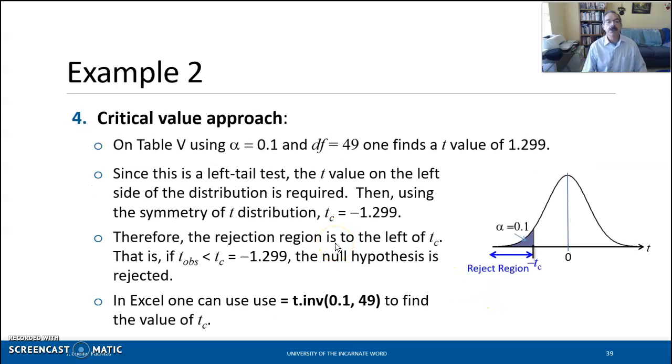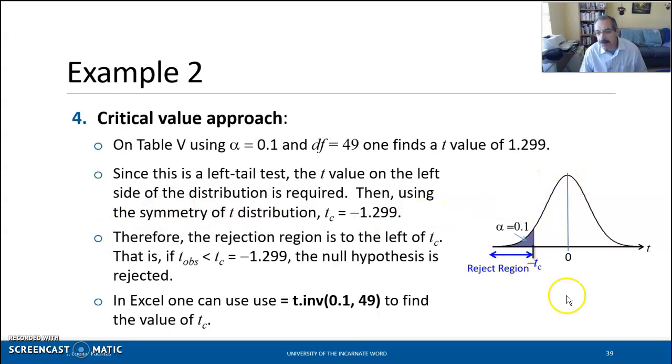All right, so let's look at how we find the critical region using the critical value approach. We're going to use an alpha of 0.1 with degrees of freedom of 49. And if you go into table 5, you find that the t-value is 1.299. But this is the value on the right side of the distribution because it's giving you values for larger than the t-value.